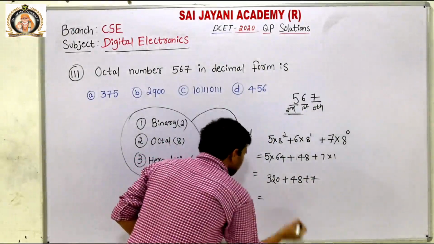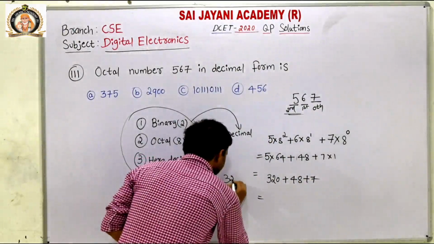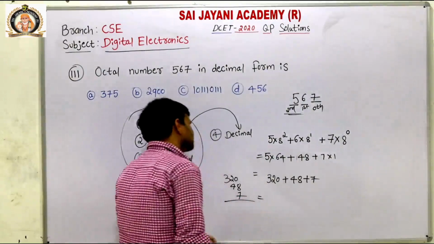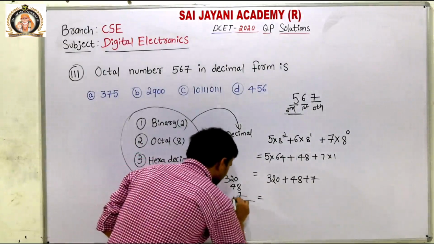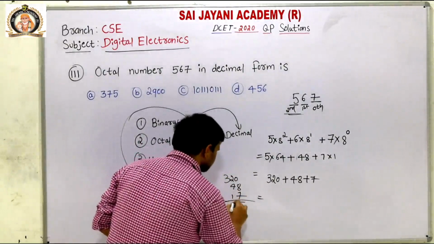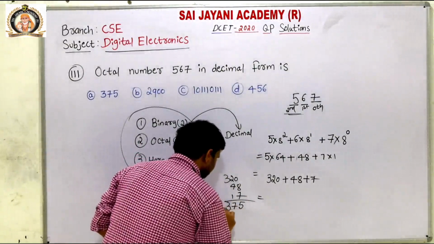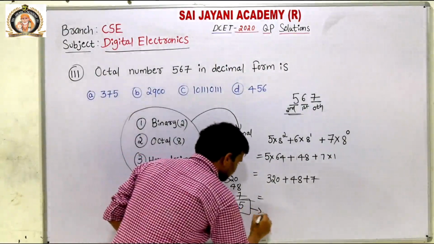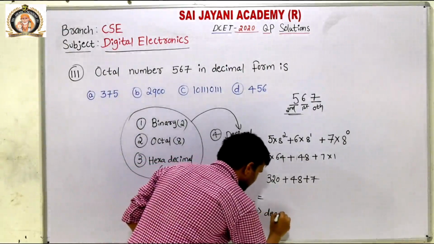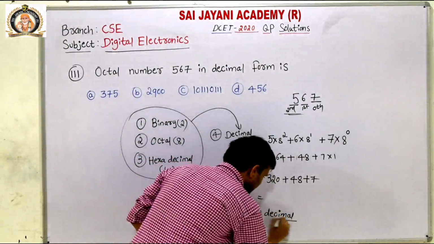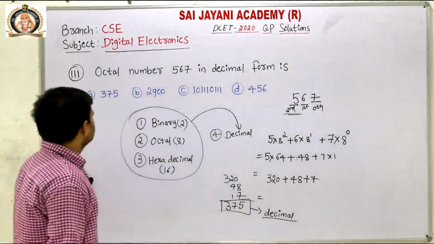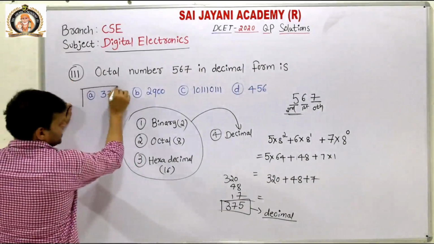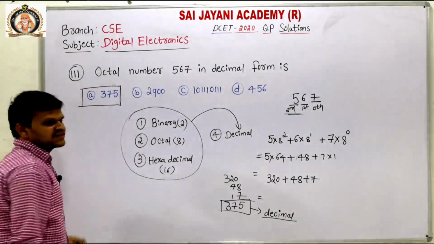When we add these numbers, that is 320, 48 and 7, we get 375. This is the form of decimal number system, which is in decimal form. So, for question number 111, option A 375 is the right answer.